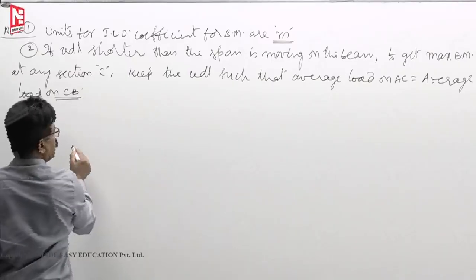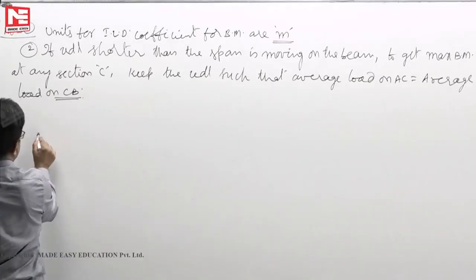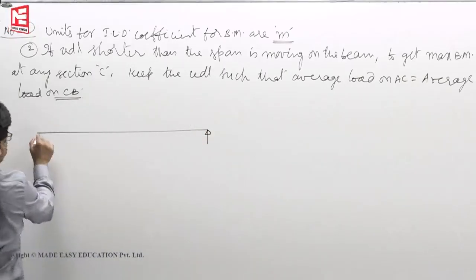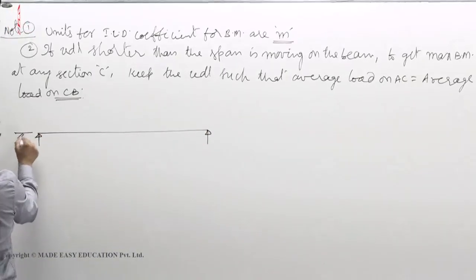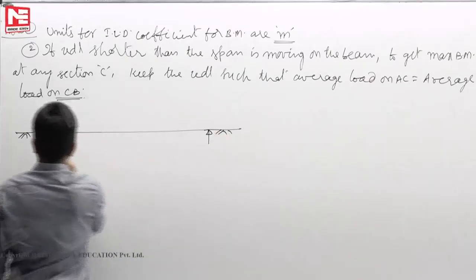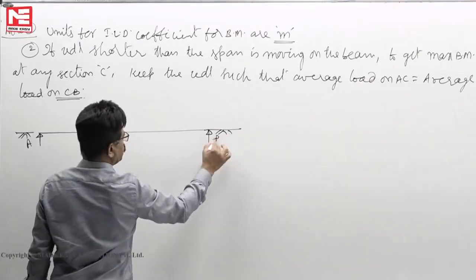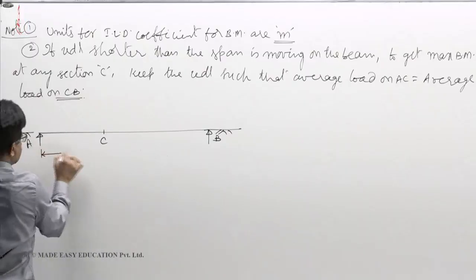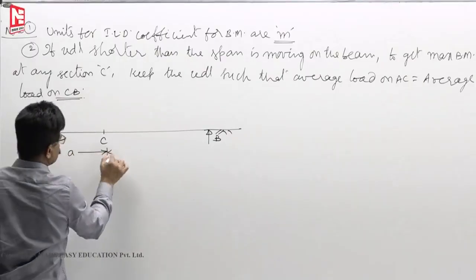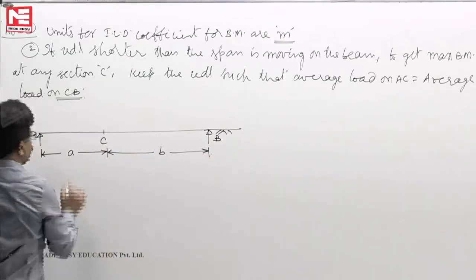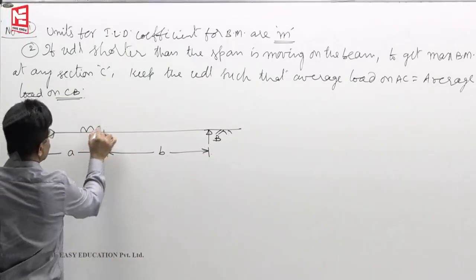Now, what is the meaning of this? Assume that we have a simply supported beam. As usual, here and here there is a ground. These points let us say A, B and C. This distance let us say a, this distance let us say b. Now UDL shorter than the span is moving.